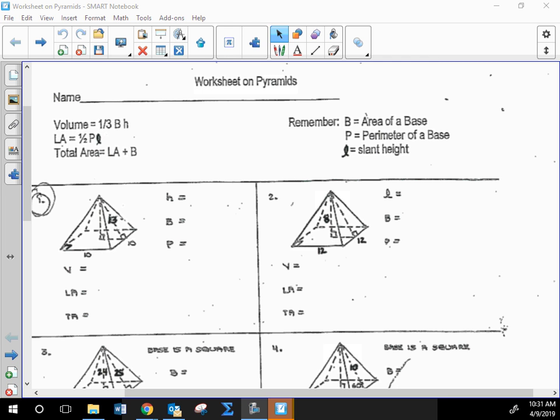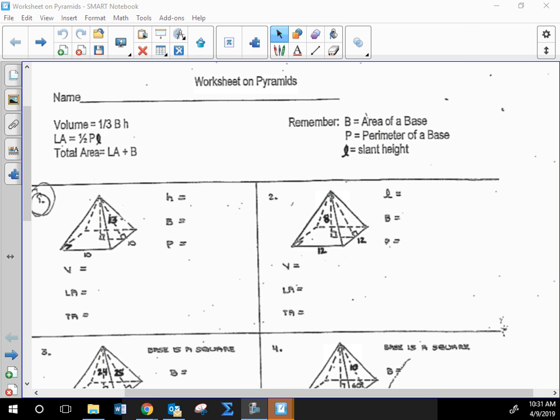Now, our lateral area is a little bit different. With our prisms, what shape were my faces? What were these lateral faces? Rectangles. And it didn't matter what my base was. The lateral faces were always rectangles. When we look at a pyramid, what are the lateral faces? Triangles.